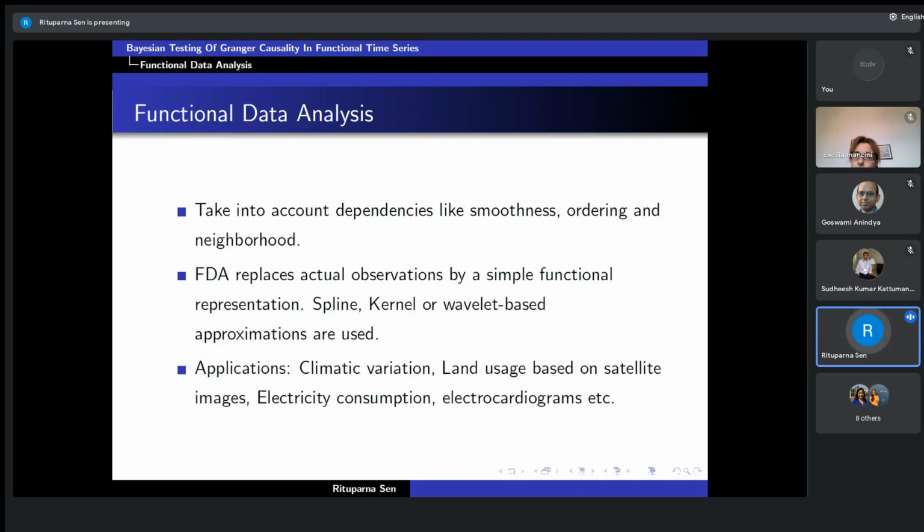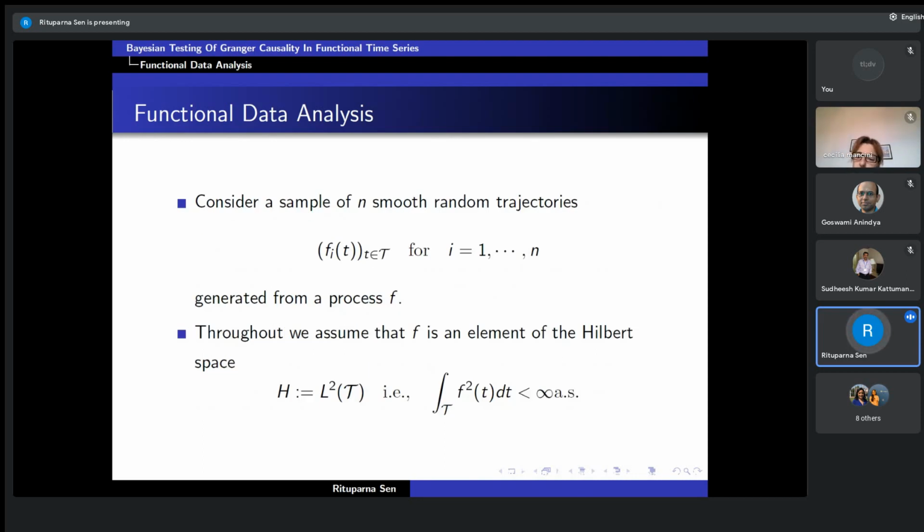And applications of this have been done in the climate sciences, land usage, electricity consumption, electrocardiograms, so various things. So this is kind of the mathematical modeling or setup.